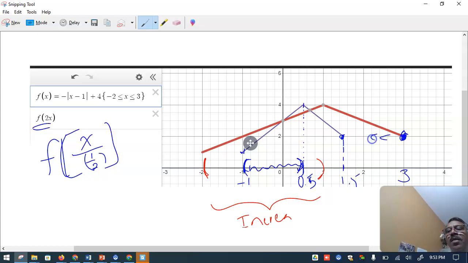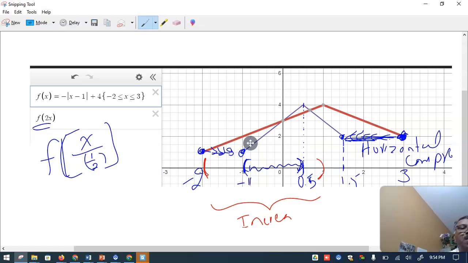And you can see there is a horizontal compression. What is it called? Horizontal compression. And by what scale factor? If you want to know at what scale factor there is a change, this changes to here. And the same thing, this point, which was at -2, gets compressed to -1.